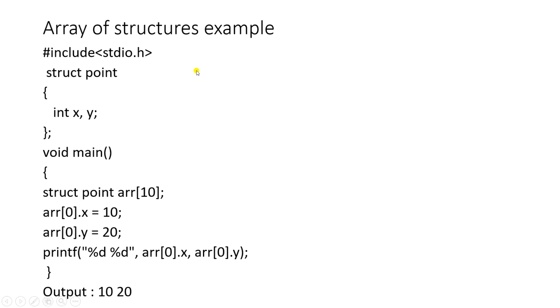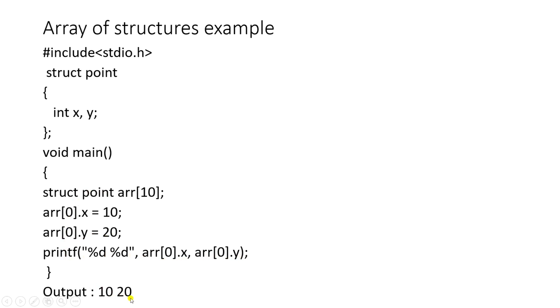Another example here, stdio.h, struct point with int x and y, void main. Here I have defined an array of size 10 of type point. The first element of the array is array 0. So array 0 will have 2 values, x and y. Array 0 x value is 10, array 0 y value is 20, and I am printing those values, array 0 dot x, array 0 dot y.